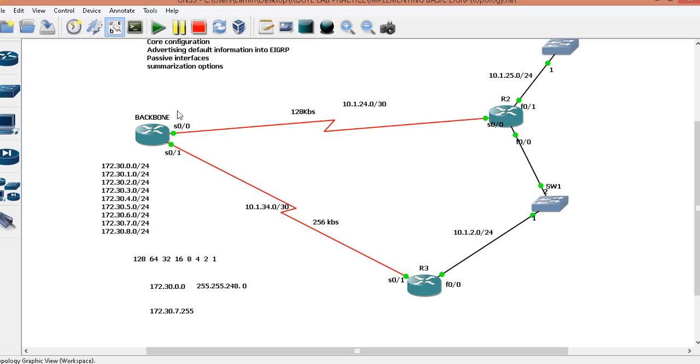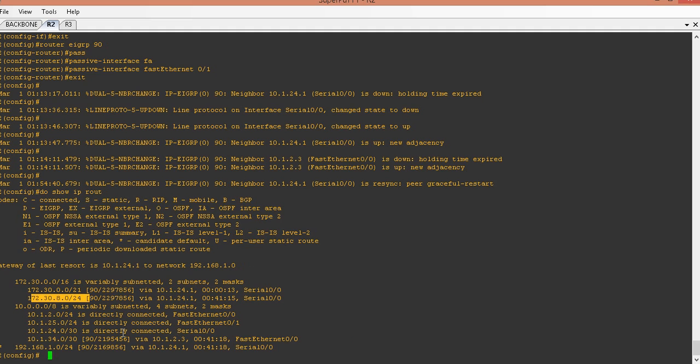EIGRP by default has a variance of 1. So we want to change it to something like 2, so that for every 2 packets sent here, 1 will be sent here, because you can see the links are like double. This is 256 kilobits and this is 128 kilobits. So I'm going to the backbone router.